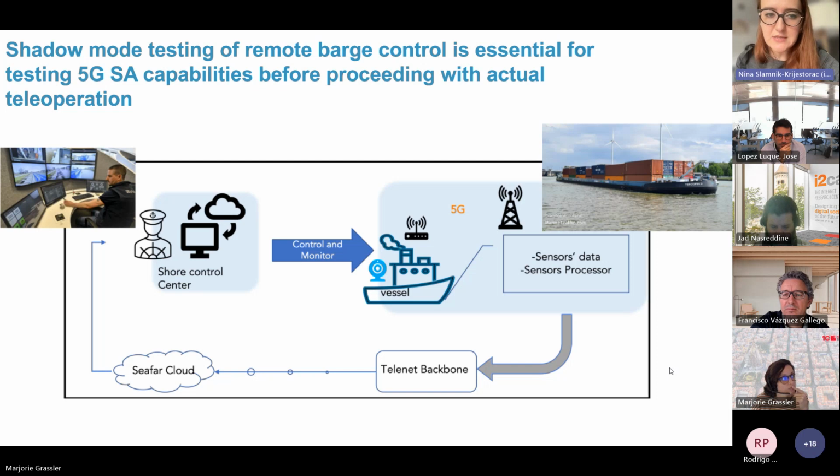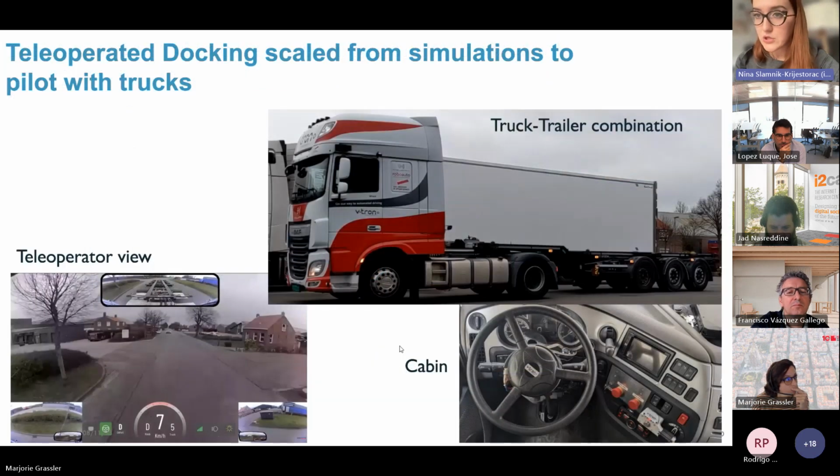The next use case is on the teleoperated docking. Of course, we first started with small-scale simulations in the very beginning of the project, but then we moved to the pilot with the real trucks, and this has been already demoed this year, and in particular in May when we had one of our technical reviews.